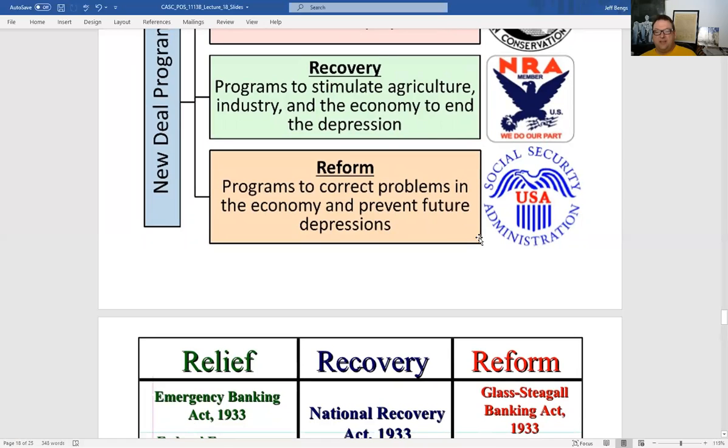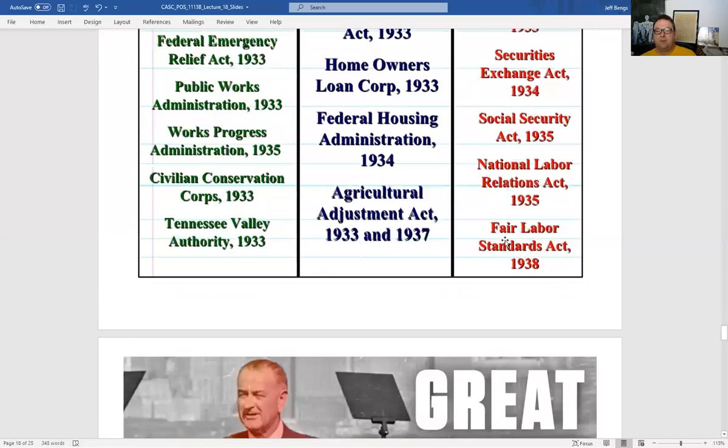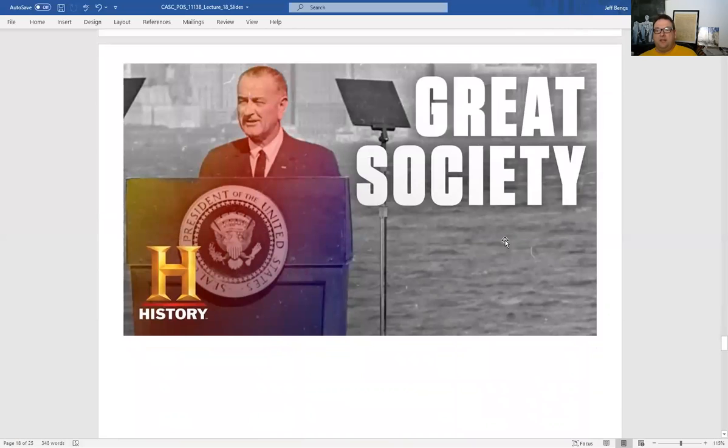Some people would say this was basically the explosion point of big government in America. In the 1960s, the second big wave, and this is probably a bigger explosion point than the 1930s.